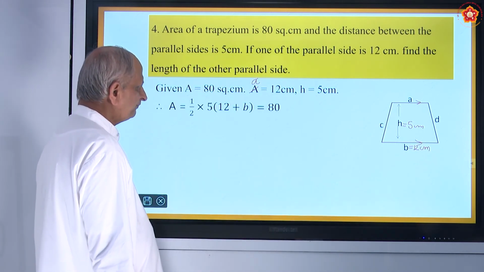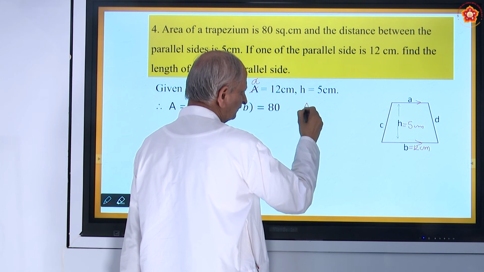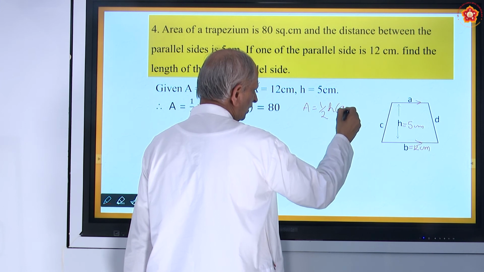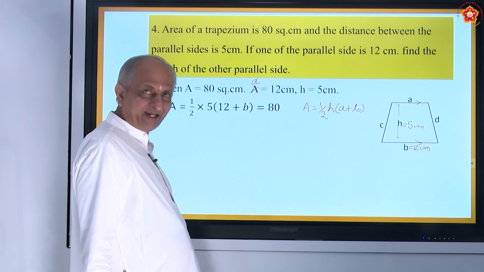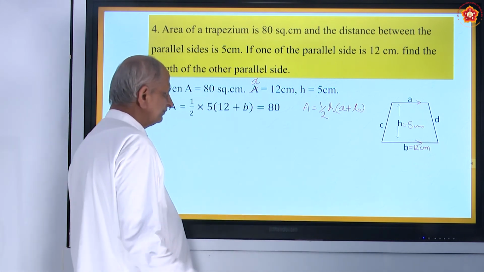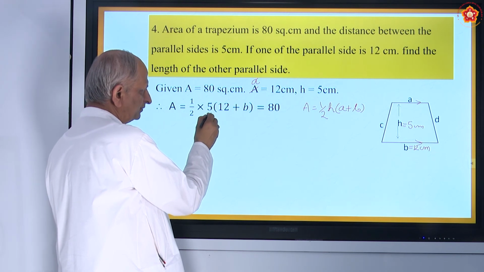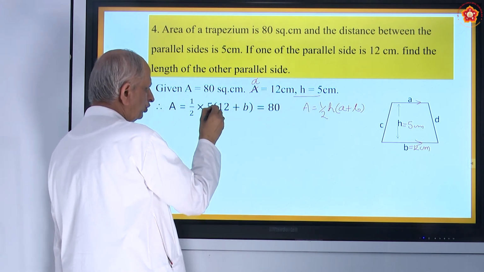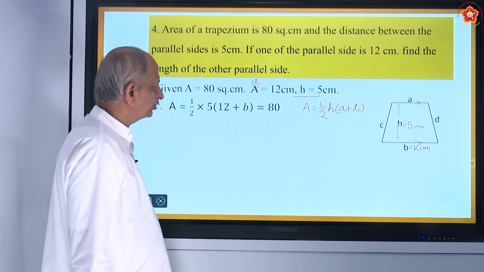Now use the formula. Area is equal to, what is the formula? Just refer to what you have studied in the beginning. Half of h into A plus B. What are A and B? They are parallel sides. What is h? Height between the parallel sides. So if we apply, you get half of h, that is 5 centimeters, into one side is 12, the other side is not known, small b.